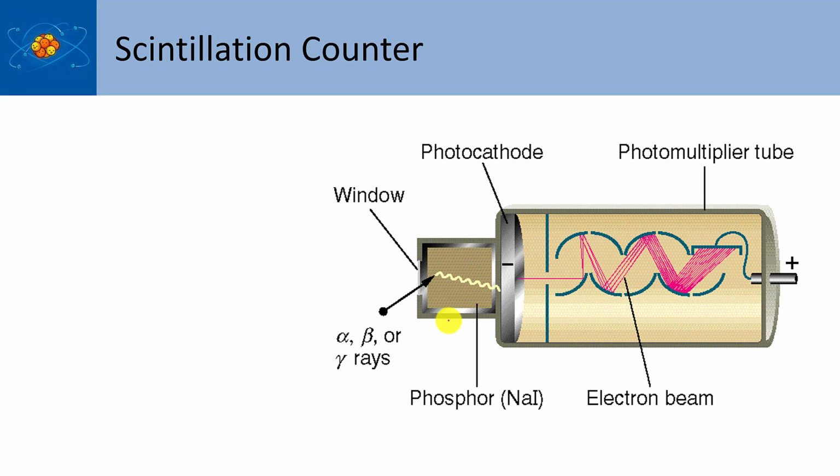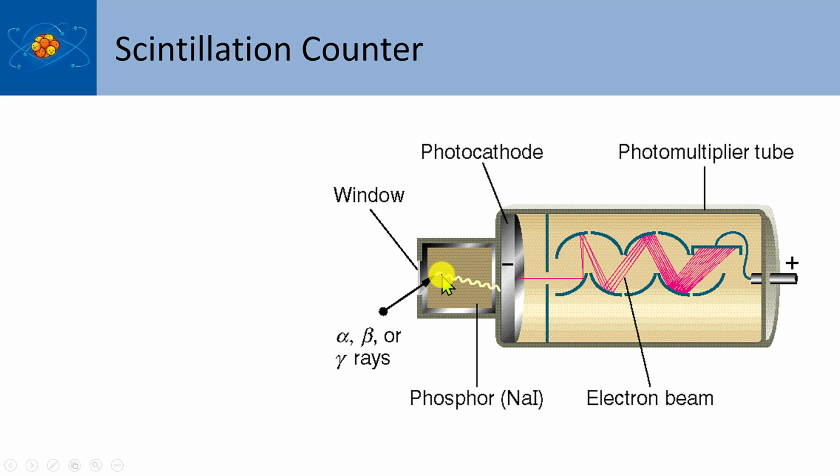Another type of detector is known as a scintillation counter. So the way a scintillation counter works is you take an alpha, beta, or gamma particle again, and it goes into something called a phosphor. And when the particle strikes, depending on the amount of energy the particle has, it can release more or less numbers of photons.